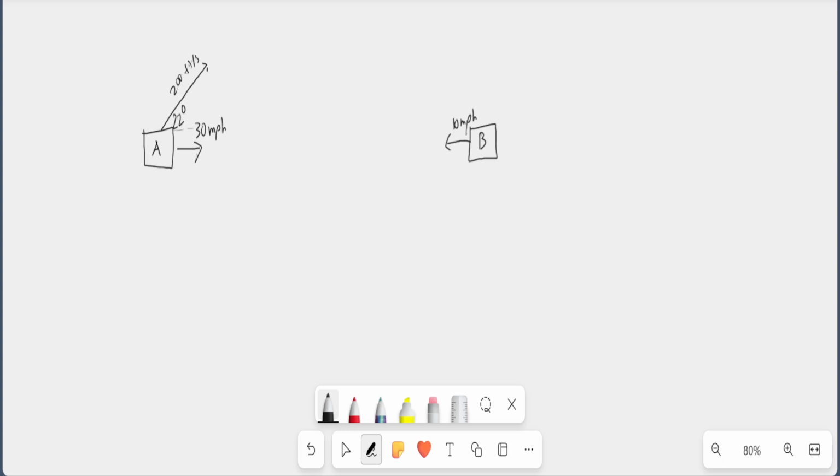Yeah, 22 degrees. Okay, so before we do anything else, I'm assuming we want to find the distance that makes it hit the car, right?